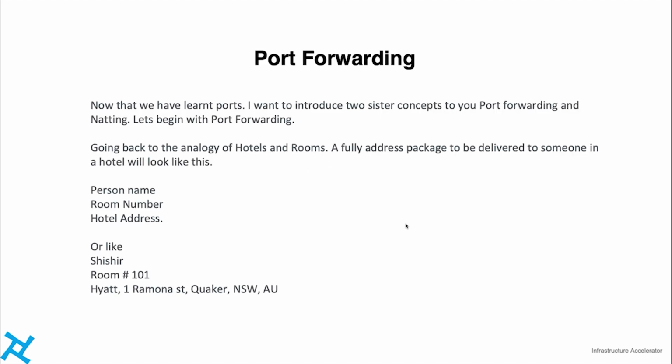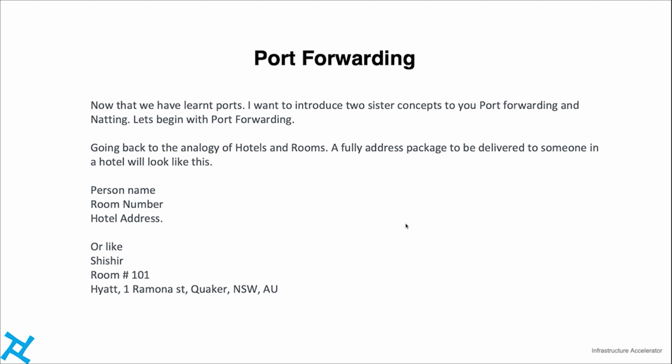Now that we have learned ports, I want to introduce you to two sister concepts, which are port forwarding and NATting. Let's begin with port forwarding. Going back to the analogy of the hotels and rooms, a fully addressed package to be delivered to someone in a hotel will look like this: a person name, a room number, and a hotel address.